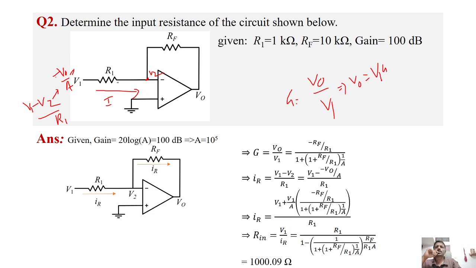So I just substituted and rearranged, and I get the input resistance Rin as this term. It is pretty much straightforward, we can do that. I think it's clear for you.